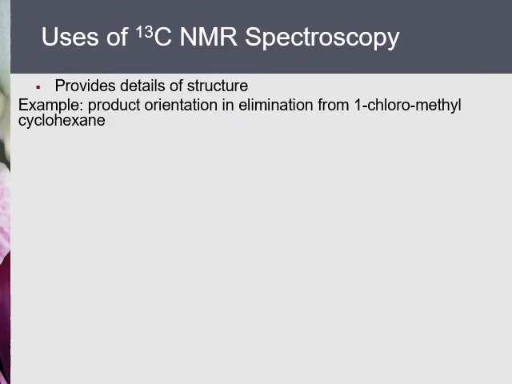Here shows an application of carbon-13 NMR. Suppose we have a mixture of alkyl halide and a strong base, potassium hydroxide. From last chapter, you learned that this reaction will undergo elimination reaction. The base will react with hydrogen adjacent to the carbon-chlorine bond. And one possibility is this hydrogen, and the other one is a hydrogen of these 3 hydrogens.